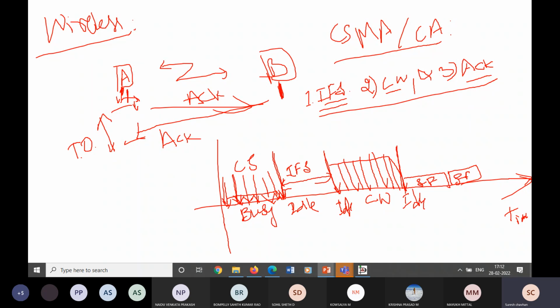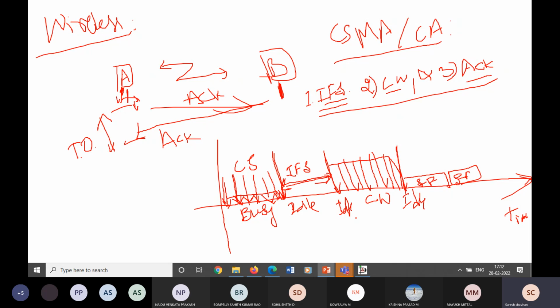And whenever it finds it idle, in CSMA/CA, it will defer its transmission for the period of IFS. That is the first strategy, the interframe space.